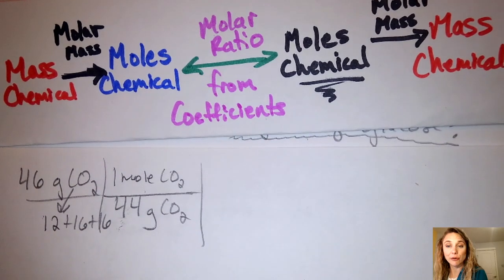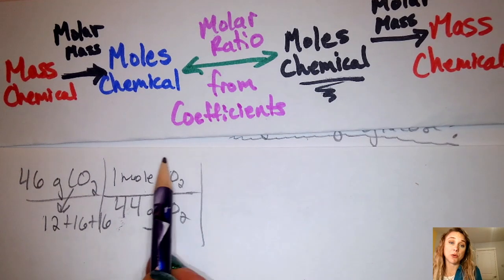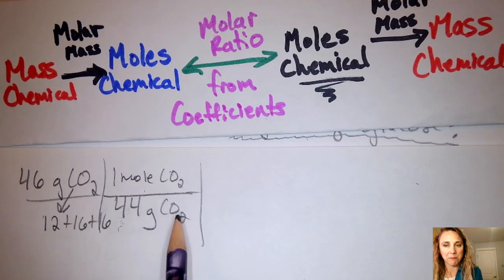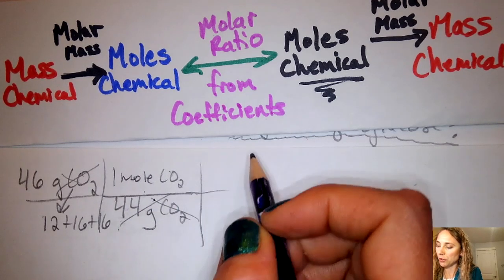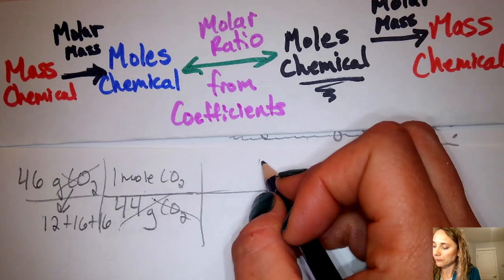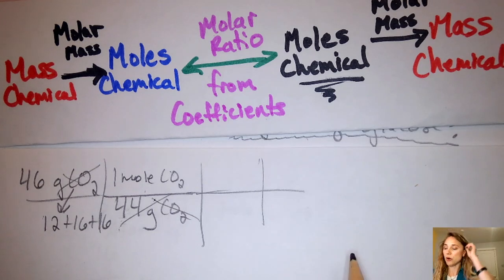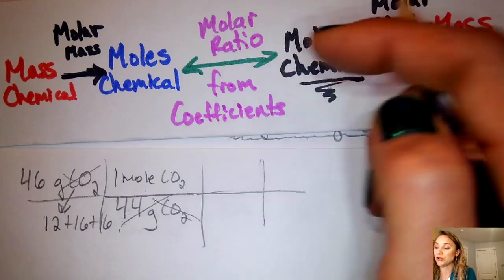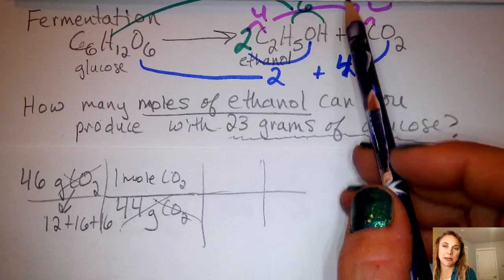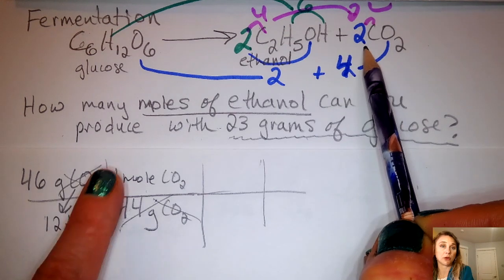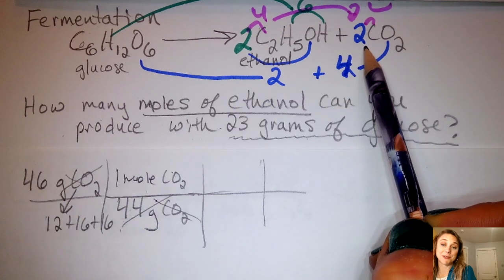Now, if we calculated it right here, you would end up with the units of moles, and that would give you how many moles of CO2 that is, which is a perfectly reasonable number. But we're going to go one step further, and we're going to say, okay, we want to know how many moles of glucose that is, right? So you need the molar ratio. Here we are. It looks like for every 2 moles of CO2, 1 mole of glucose is needed.